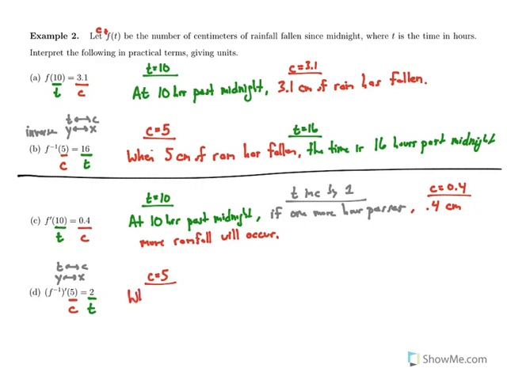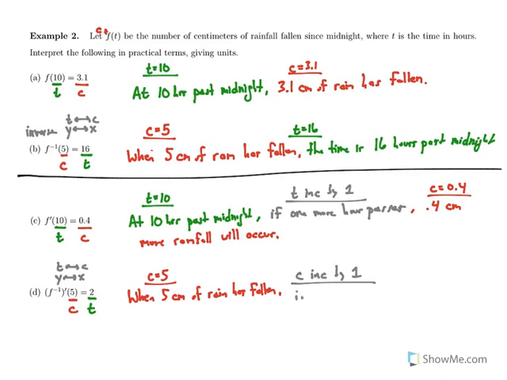So we're going to say when 5 centimeters of rain has fallen, then we're going to say if C increases by 1, then we're going to say that T equals 2.